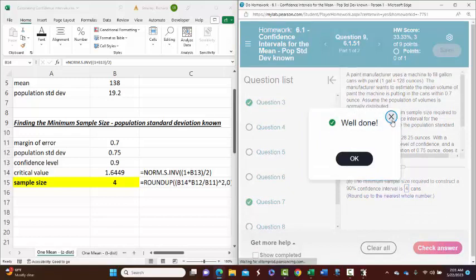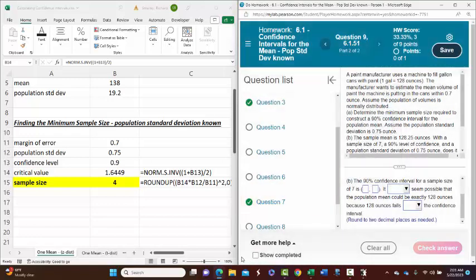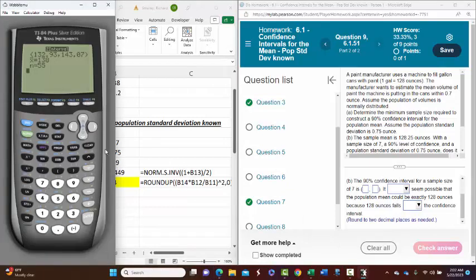Okay, I can pop this in Excel real quick. Excel, I mean the calculator. So we'd have to do inverse norm of 1 plus 0.90 divided by 2.